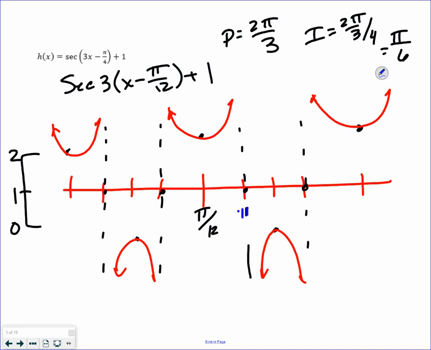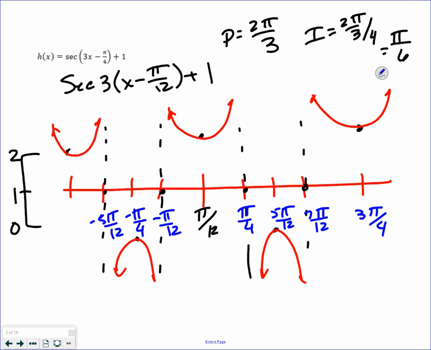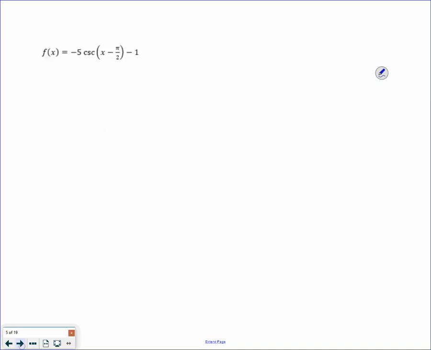I get pi over 4, pi over 12. And then subtracting pi over 6. Again, 0, if you want to draw in the y-axis, it'd be right there.